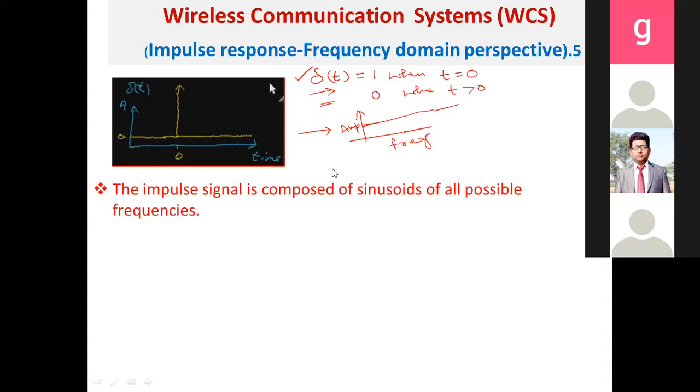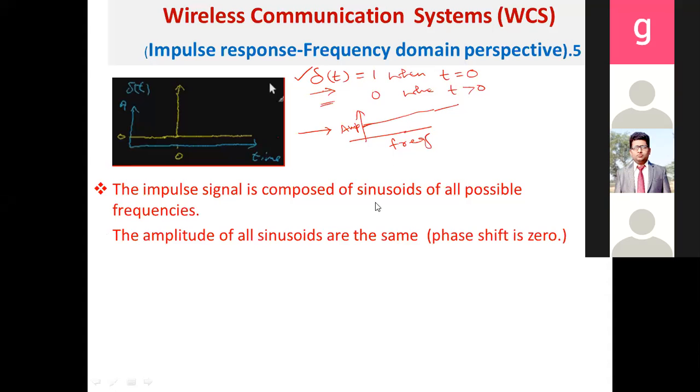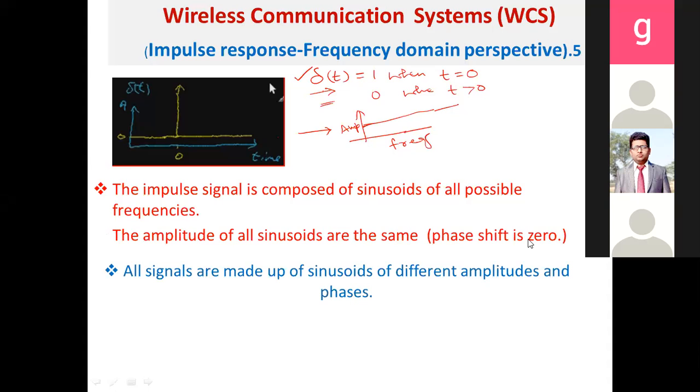Before giving the example, let me one more time discuss the significant features of the impulse signal. This impulse signal is composed of sinusoids of all possible frequencies. That is why I'm getting the frequency response curve as a flat response here, and the amplitudes of all sinusoids are the same, and the phase shift of all the frequency components is also 0.